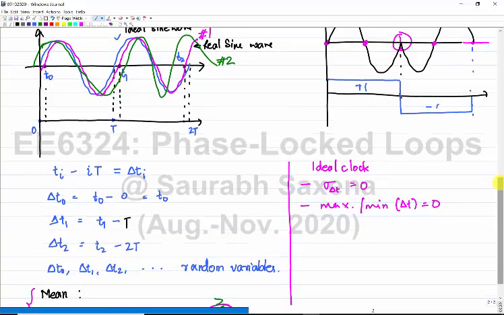Now, if I ask you, in order to judge how good my clock is, what did I use? Did I use voltage values like any peak values as shown here, or actual amplitude? Or did we look only at the zero crossing? The answer is that we looked only at the zero crossings of the clock.